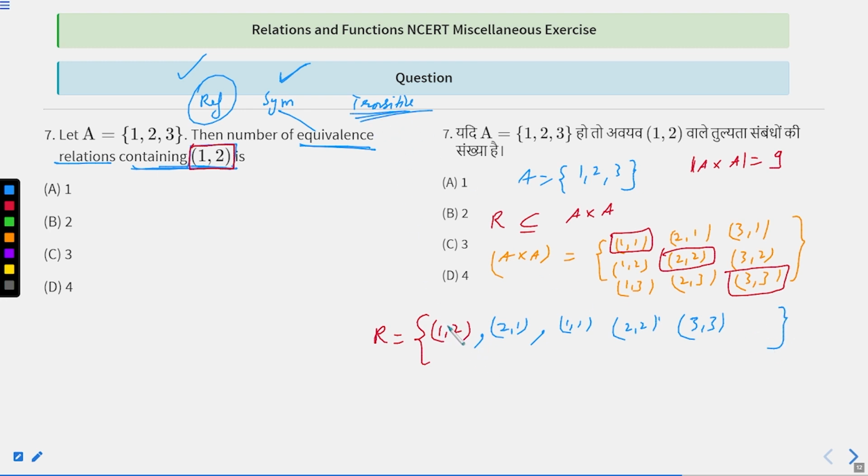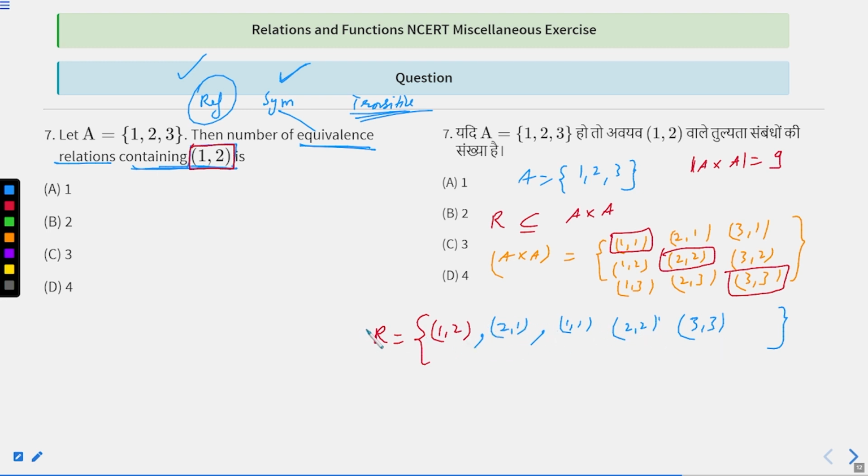So (1,2), (2,1). This means (1,1) also belongs to it, yes, indeed. (1,2), (2,2), (1,2), okay. (2,1), (1,1), (2,1), okay. (2,2), (2,1), (2,1), okay.